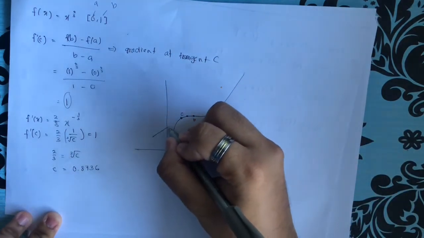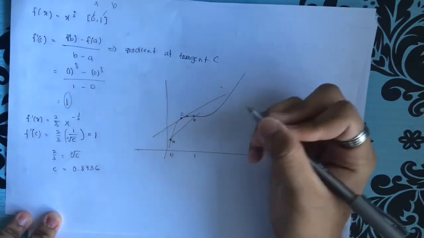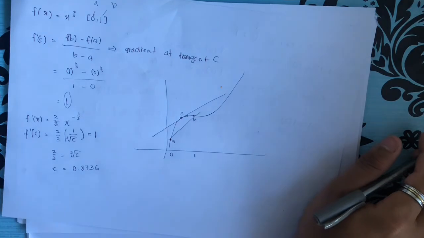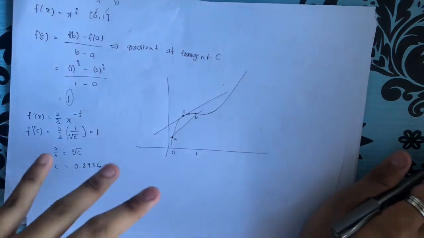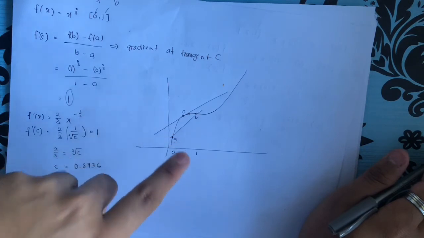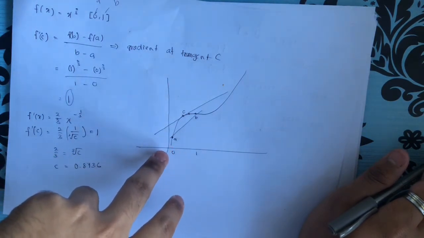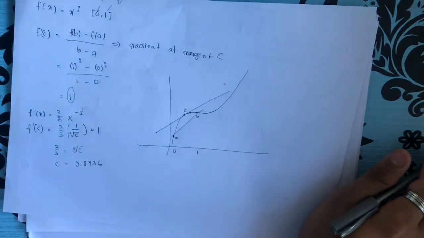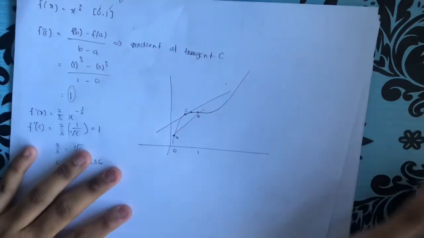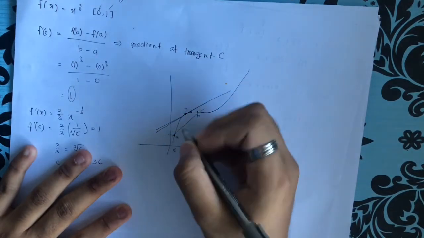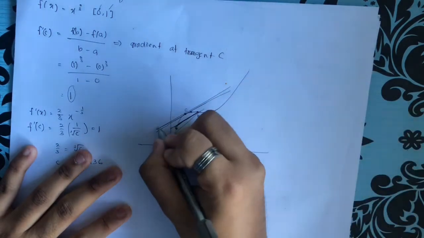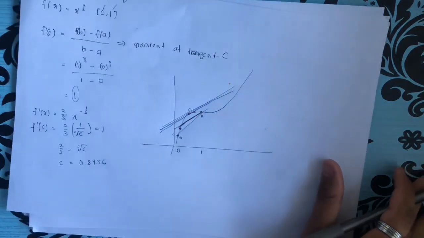If we draw the tangent, this is quite difficult to draw, but we know from the graph that the tangent at point c and the line connecting point a and point b must be parallel. If we draw the graph using a real scale, we get a better picture. Let's say this is the gradient. Alright, so that's all for the mean value theorem.